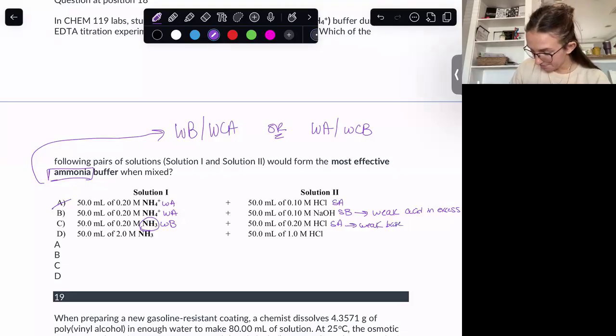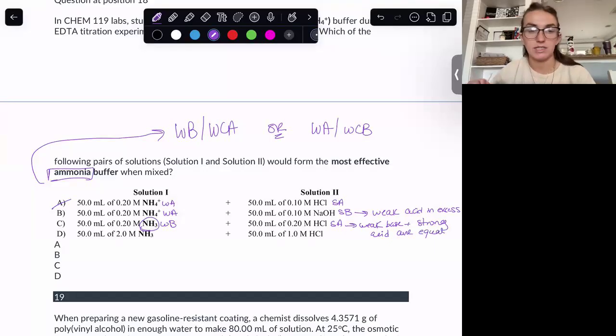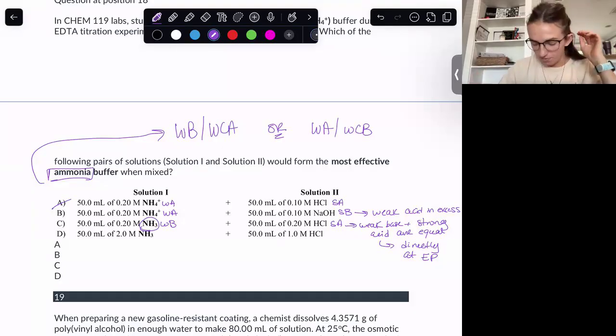But the weak base and strong acid are equal. They have the same number of moles of the weak base and the strong acid. So this puts us directly at the equivalence point, and that's not going to create a good buffer, because we want to be in that buffer range where we have excess weak component. So I would say C can be eliminated.